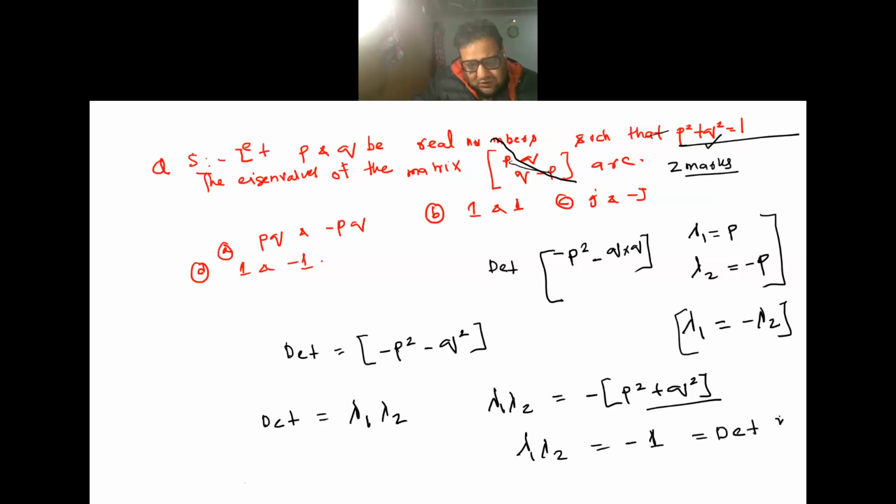Now you want to calculate the values of lambda 1 and lambda 2. You have two equations: lambda 1 into lambda 2 is equal to minus 1, and lambda 1 is equal to minus lambda 2. Substituting, minus lambda 2 into lambda 2 is equal to minus 1.